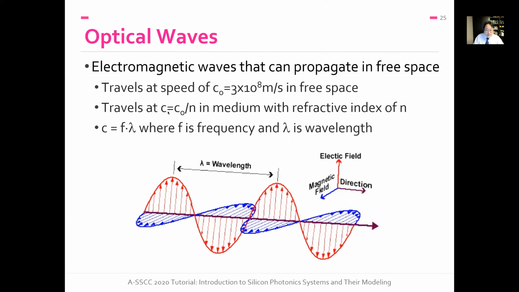So the speed of light within that medium with a refraction index of n is c naught, which is the speed of light within free space, divided by n. And from the physics, we know that the propagation velocity of a wave can be expressed as a product between the frequency of the wave and the wavelength of the wave.